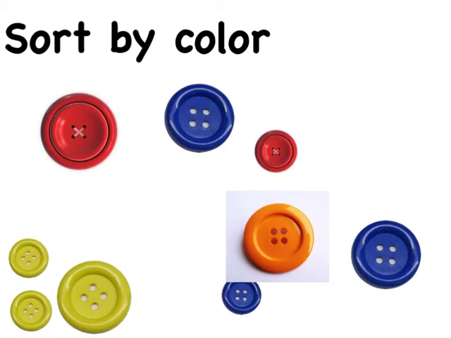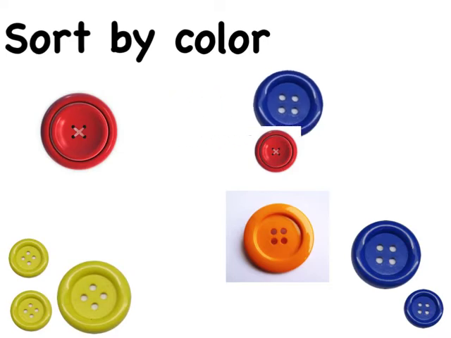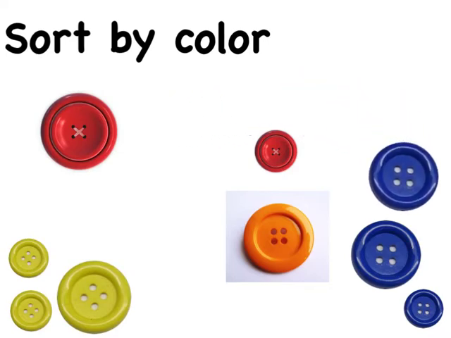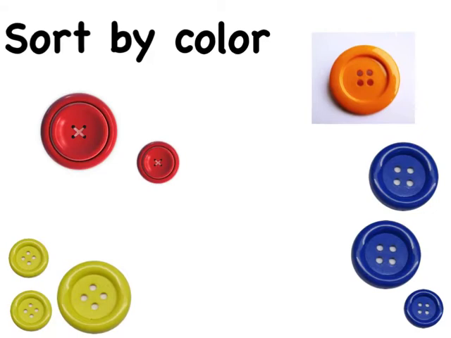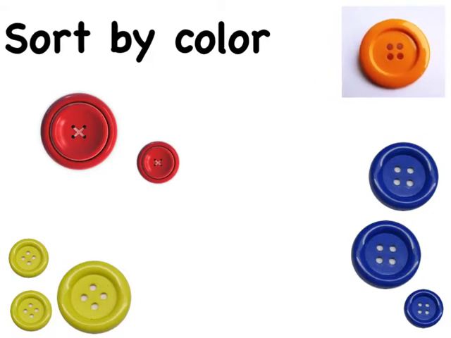I'm going to now sort and group all the buttons that are blue. And I will do the same with red. So in this way, when we group the buttons that are the same color, this is known as sorting by color.